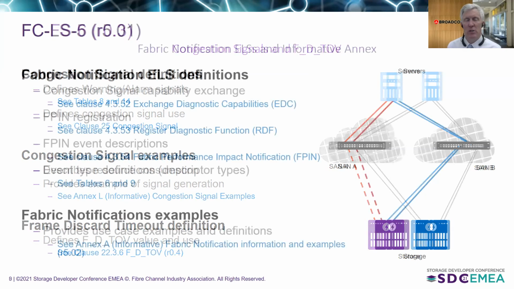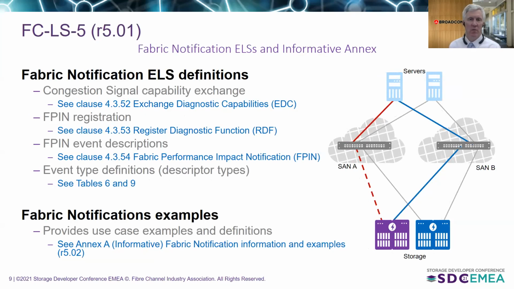In the link services specification, we define all of the necessary components to support the fabric notifications functionality. That is, there's an Exchange Diagnostic Capabilities extended link service that allows end devices, that is, the two devices on each side of the link, to exchange information about their diagnostic capability.